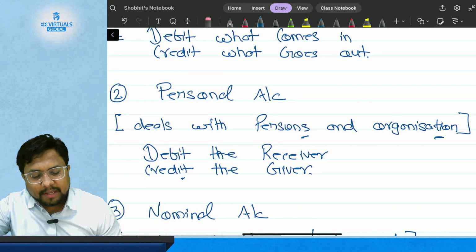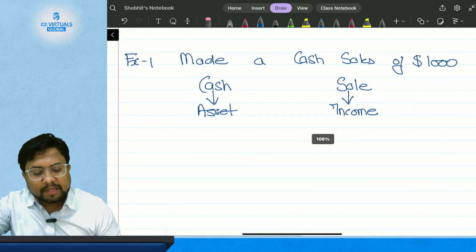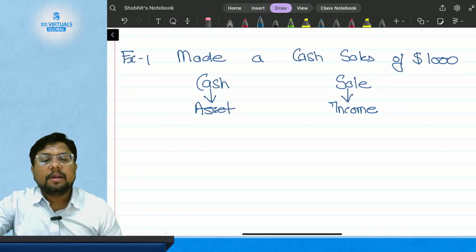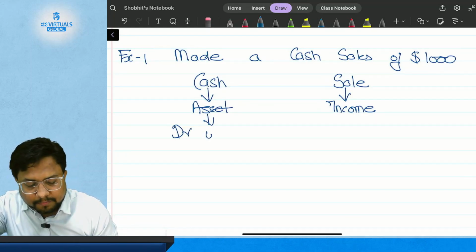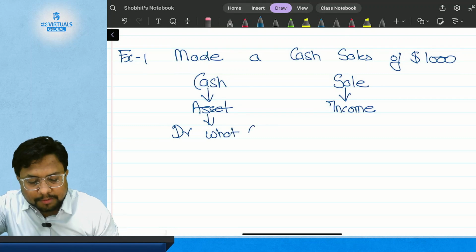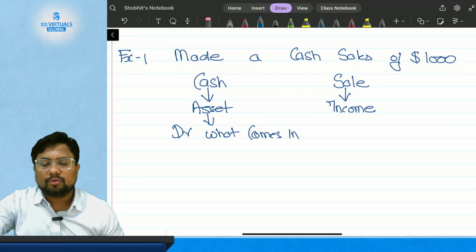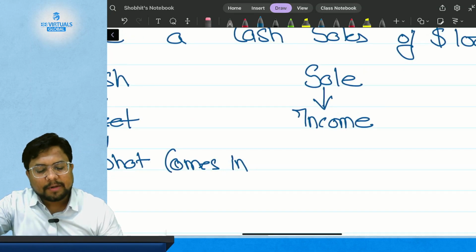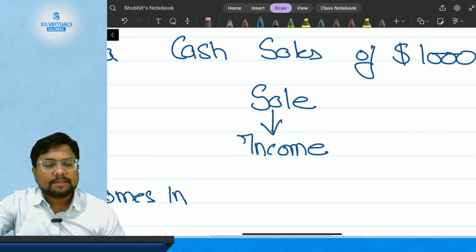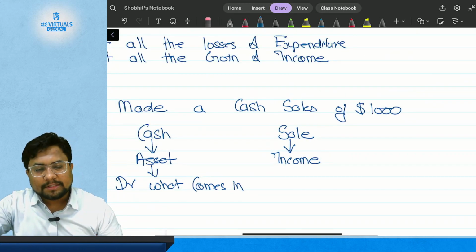So cash is my asset, and if I have made the cash sale, what I have received? Cash. So the rule will apply, that is debit what comes in. Then comes our second element, that is sale. What is sale? Sale is an income.